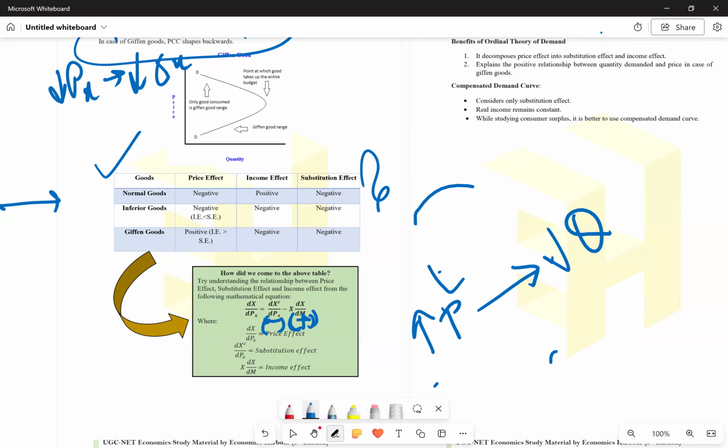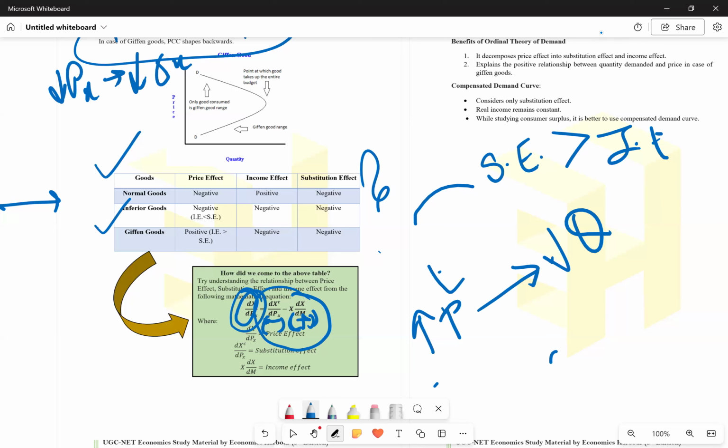So this whole term will become negative only if your substitution effect is greater than the income effect. If the negative value is greater than the positive value, only then we will get a negative outcome. So in case of inferior goods, the price effect turns out to be negative simply because of the stronger substitution effect.